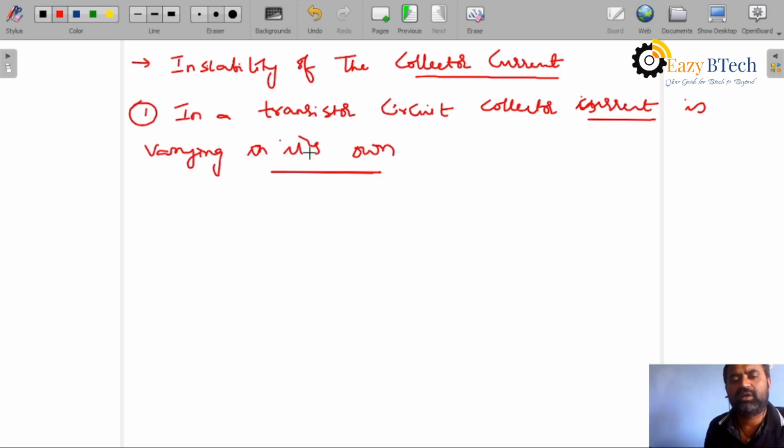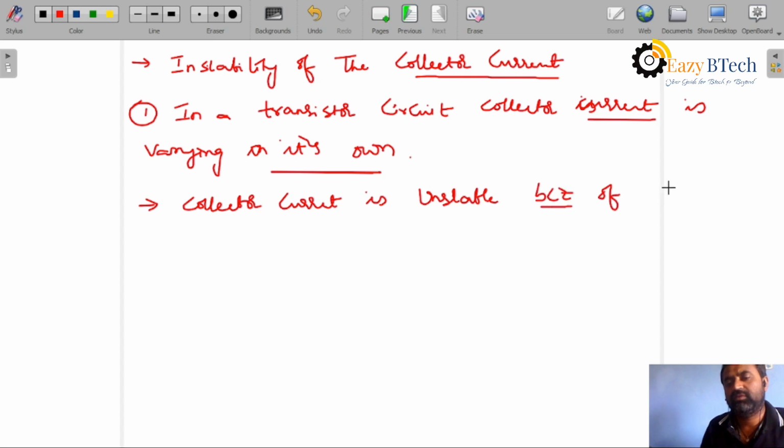The collector current is unstable because of changes that occur in IC due to various factors.